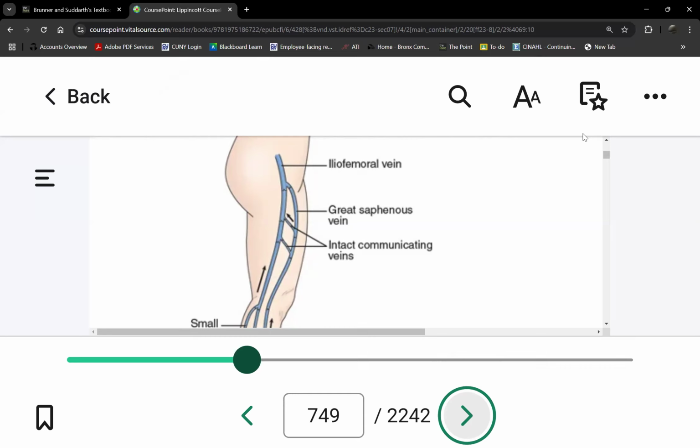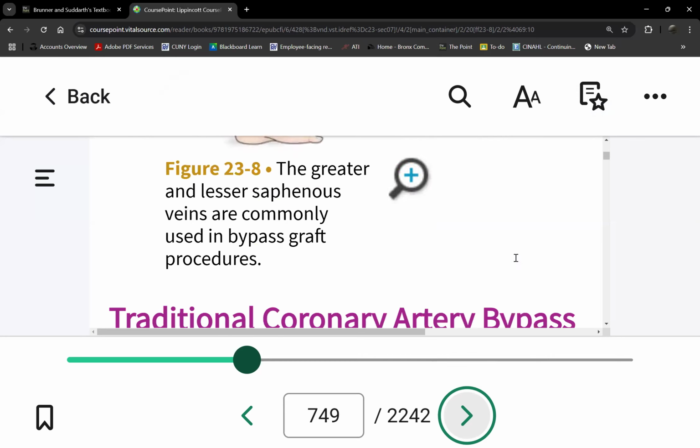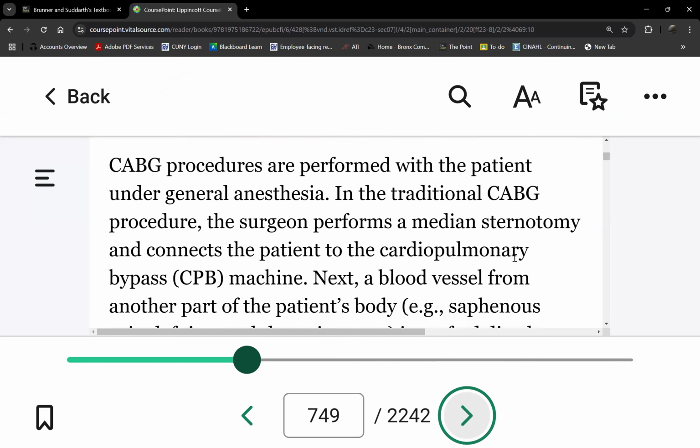They just cut the vein and pull it out. So at least we have smaller incisions and fewer complications whenever that's the case.